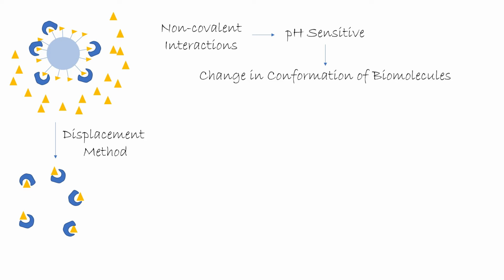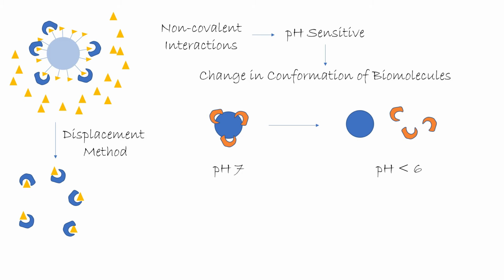Suppose we have a polyhistidine tagged protein, then at pH 7 it will remain in deprotonated form as its pKa is 6, so it will get associated with nickel. But when we lower the pH below 6, in that condition polyhistidine will carry a positive charge, so it will now not interact with positively charged nickel. So we can say that we can use any type of method which has the potential to dissociate non-covalent interactions.